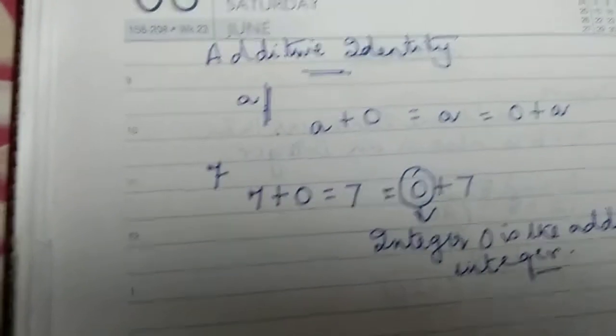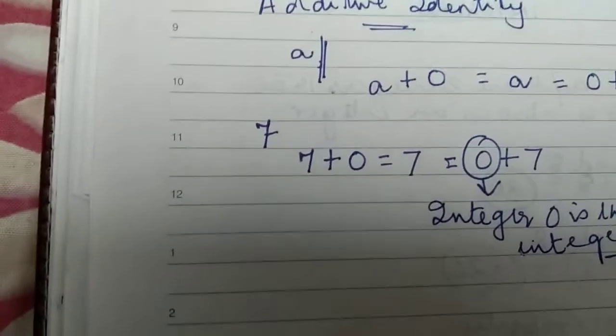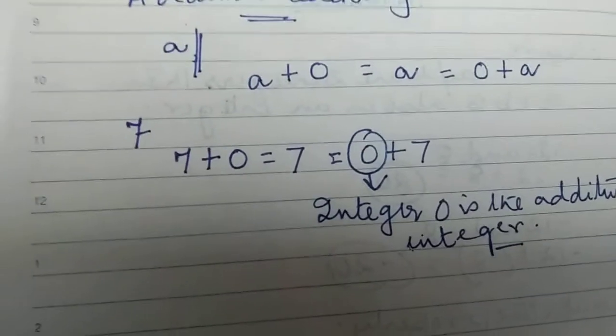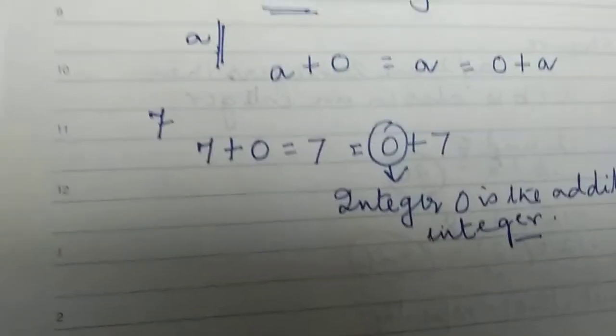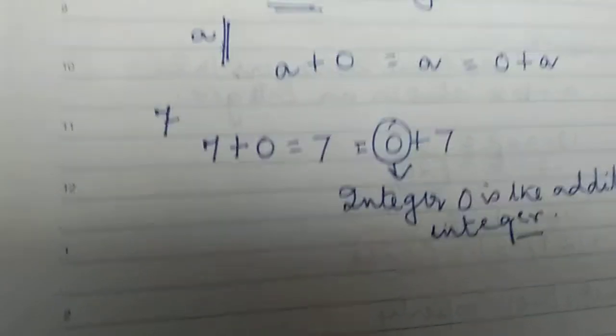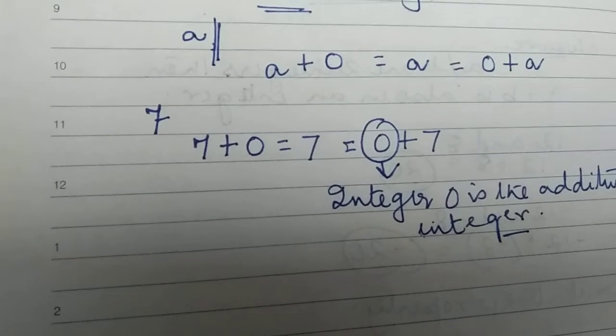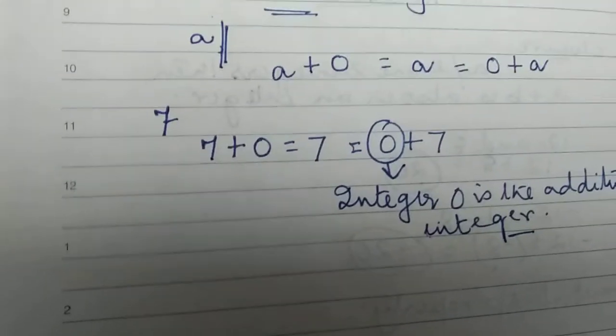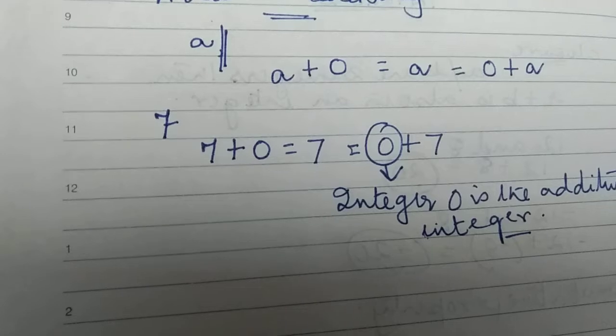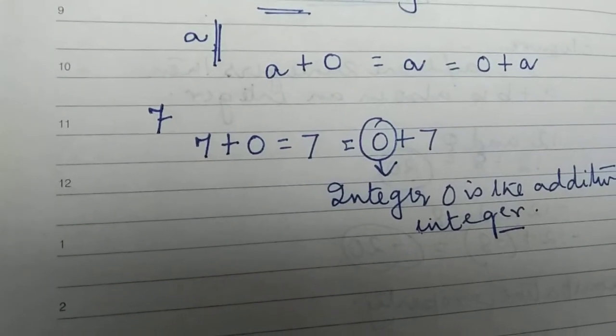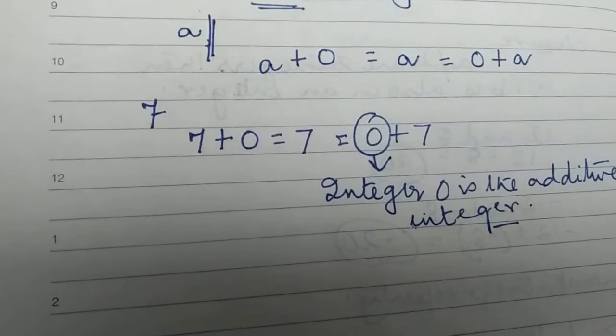That means 0 is the integer which, if I add it to any other integer, I get back the same integer. So if I add 0 to any integer, I get back the same integer.